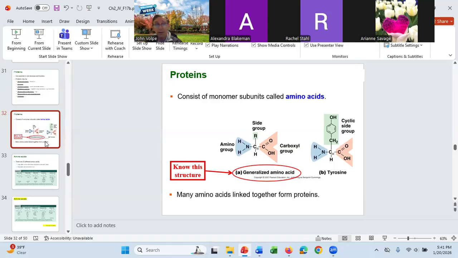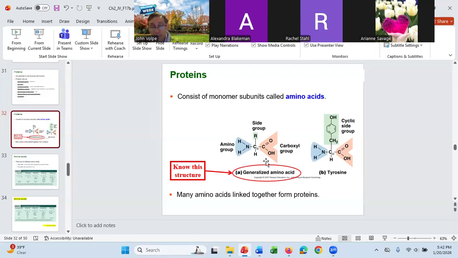You should know the general structure of an amino acid. Where an amino acid is shown here, there's always a central carbon and a hydrogen connected to that central carbon. There's also an R group. An R is just an organic group. It could be anything. We'll show you a few different R groups in just a minute. On one end of the central carbon, it has an amino group, NH2.